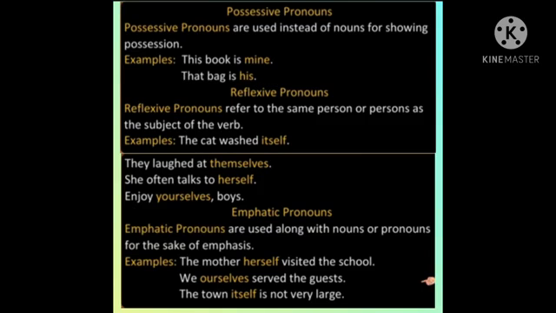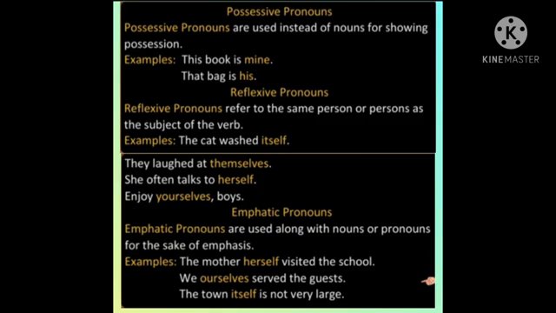So here these words are showing the possession. That book is belonging to me and that bag is his. So it is showing to whom it is belonging. That is called possession. So the words we are using to show the possession, these pronouns are called the possessive pronouns.